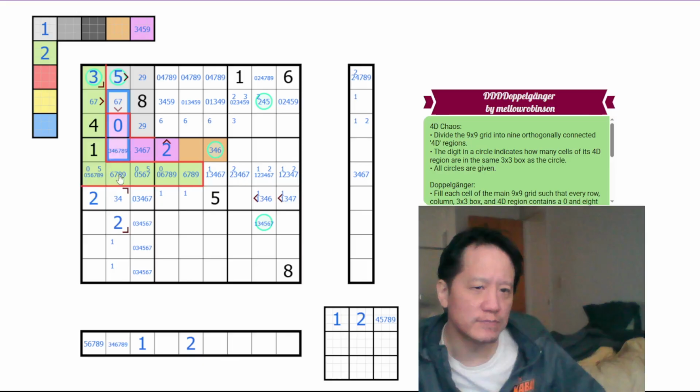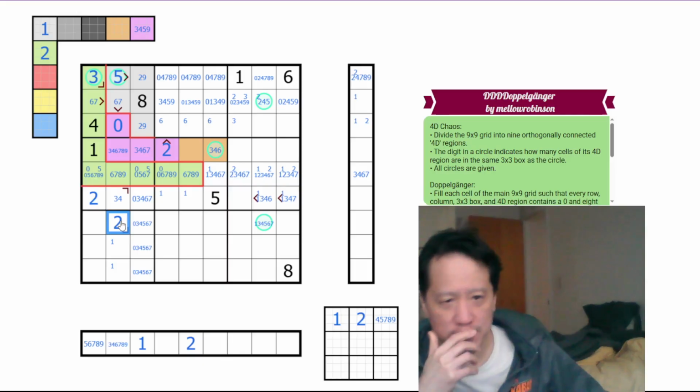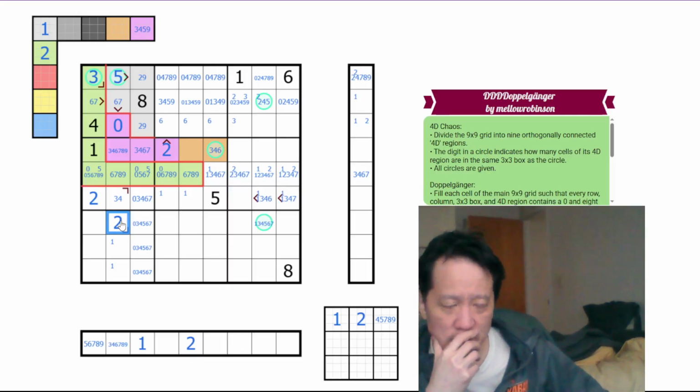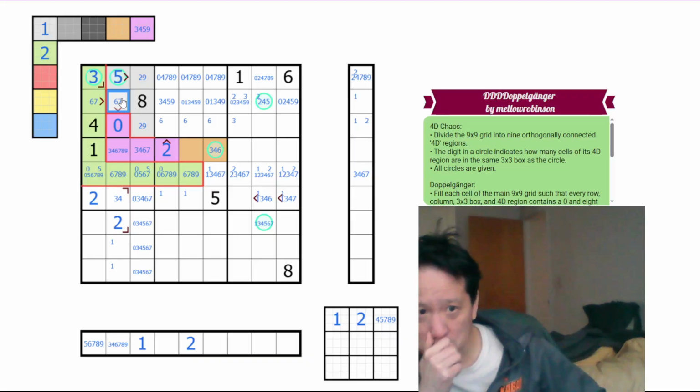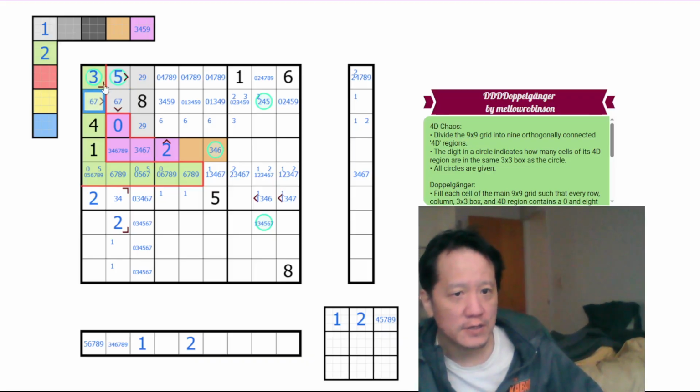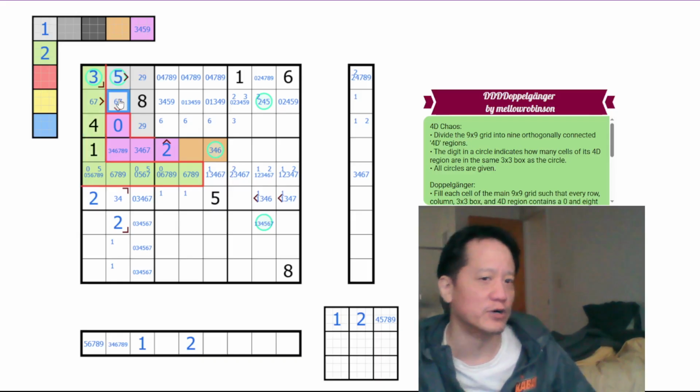Yeah, because there has to be a 1 somewhere here. So then that forces that to be 2, which means this can't be 2. And this couldn't be 2 anyways. This is 3, 5, so that removes 3, 4, 5 as a possibility. 1 obviously can't be here because of 1 in the column, and the light is missing a 1.